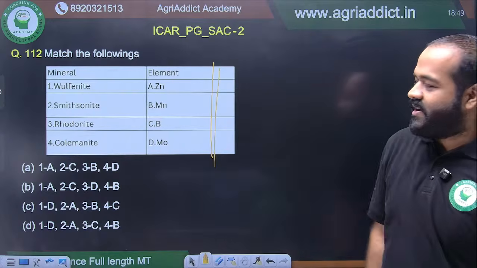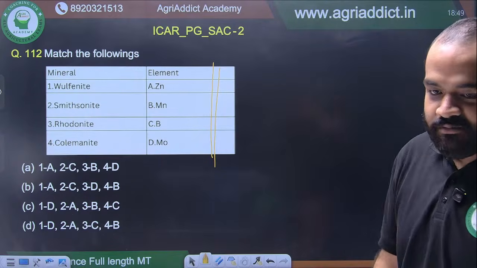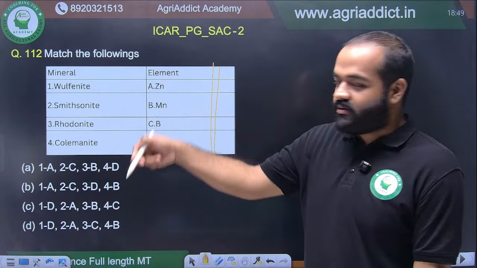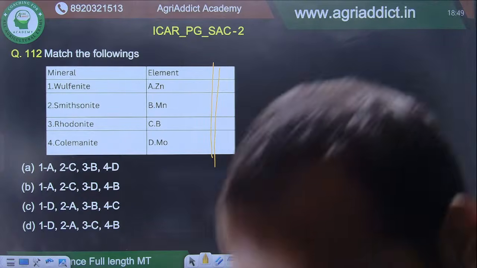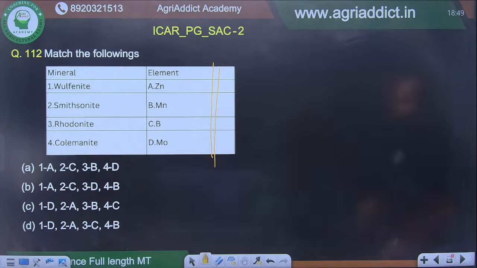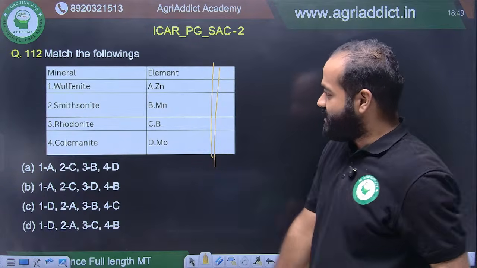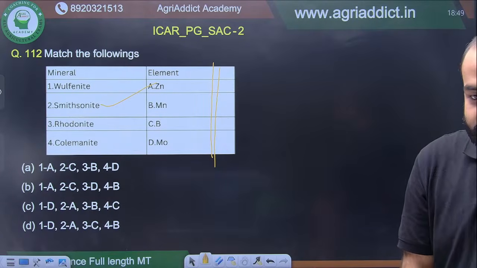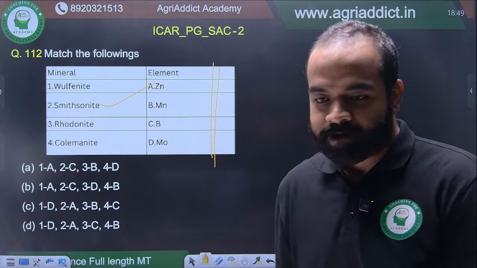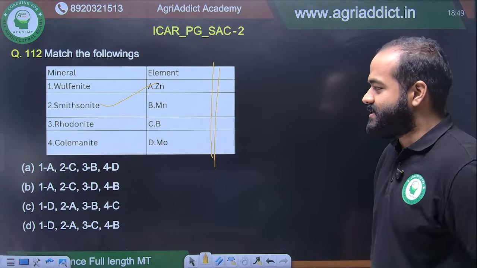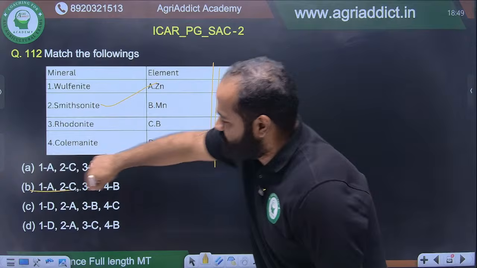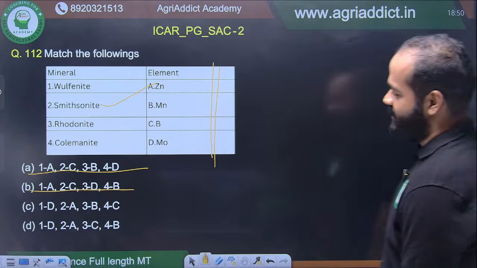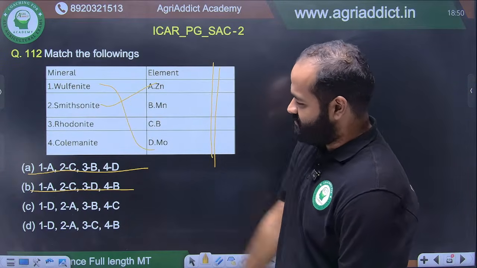Again, the one I was highlighting from yesterday, from time immemorial. This is from the micronutrients, where you have to remember that chart of the element and which mineral it is in. Smithsonite we studied today itself, so smithsonite is zinc, I will make it for you. And tell the rest. Smithsonite with zinc, I did that, so 2A. So remove these two. Now tell me the answer. Wulfenite is molybdenum, definitely.